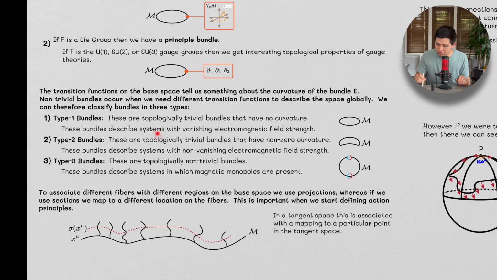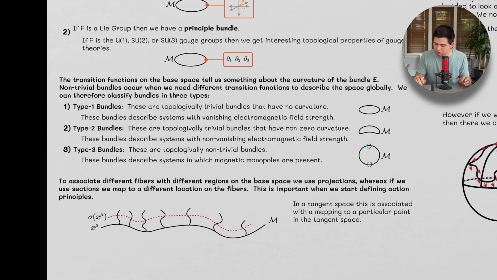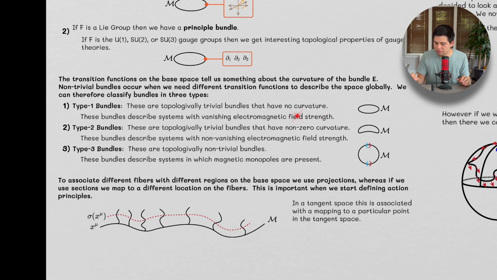So these bundles describe systems, as an example, with vanishing electromagnetic field strength. Okay. Then we have topologically trivial bundles. Again, the transition functions are smooth across the entire bundle. They're all the same. But in this case, the base manifold is curved. Okay.